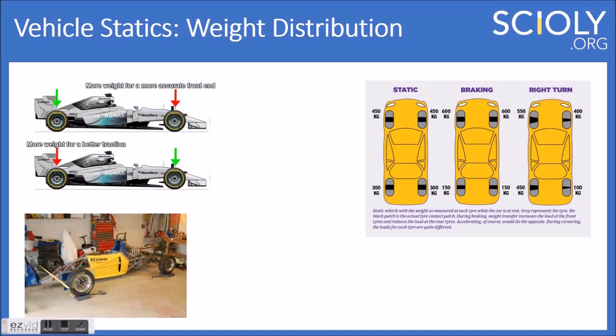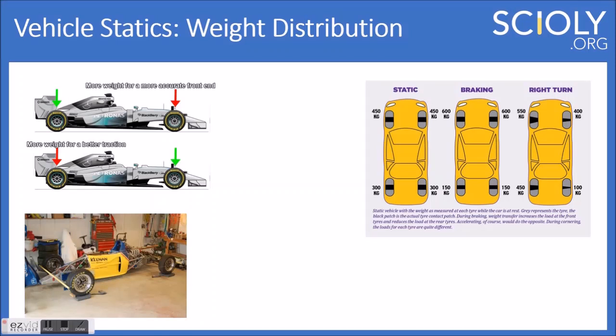More weight on the rear end can give you much better traction when you're accelerating. But having more weight on the front end will make you more accurate in your turns, because you'll have a larger frictional force on those front wheels when you're turning, and it'll reduce any kind of slip.